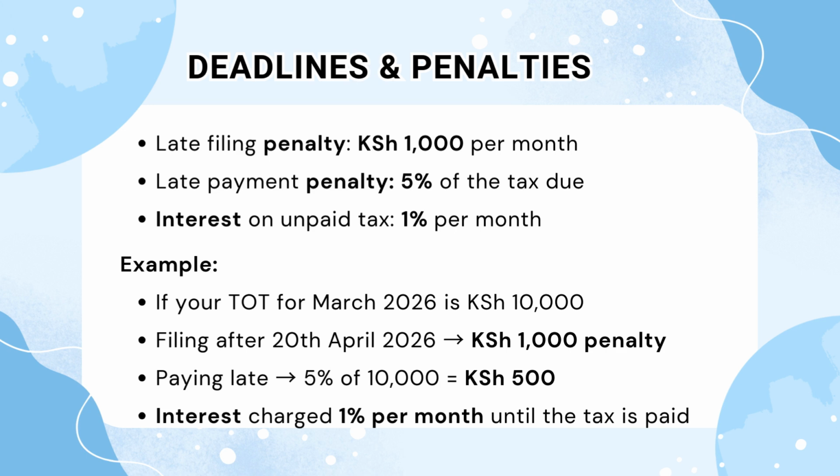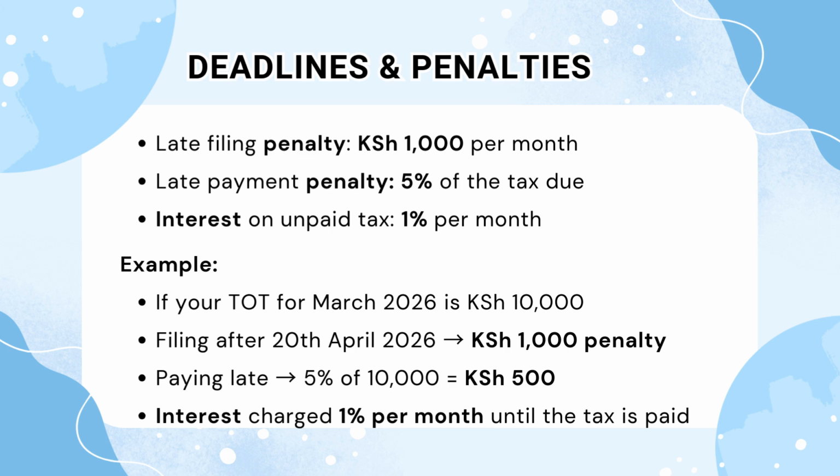Additionally, interest of 1% per month is charged on any unpaid TOT. So you might file on time but fail to pay. If you fail to pay, you get a penalty of 5%, and you get an interest of 1% per month every month the amount is not paid.